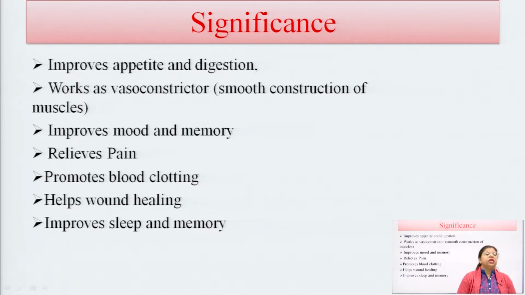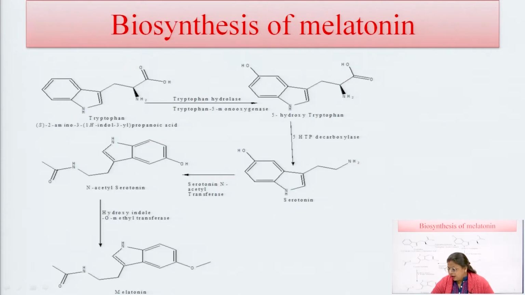It improves sleep and memory, because it is also related to the brain. Whenever the brain needs a relaxing condition, it improves our sleep, and it is also helpful for memory.